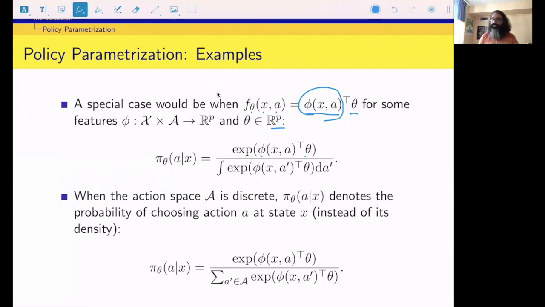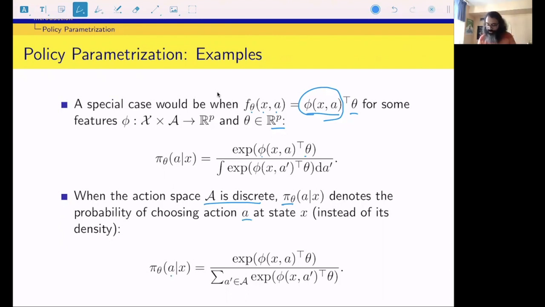It might be more intuitive if we assume that A is a discrete action space. In that case, instead of a density, pi of theta denotes the probability mass of choosing action A, and it would be very similar to before.